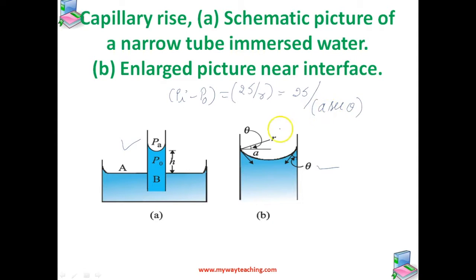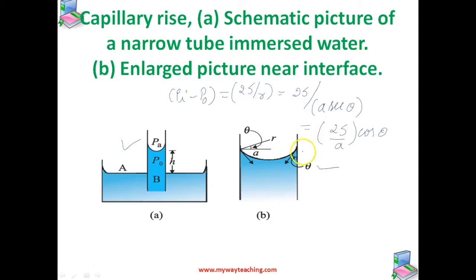In other words, we can write it as 2S by a cos theta, since 1 by sec theta is cos theta. Thus the pressure of the water inside the tube just at the meniscus is less than the atmospheric pressure.